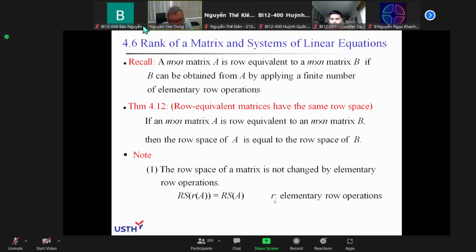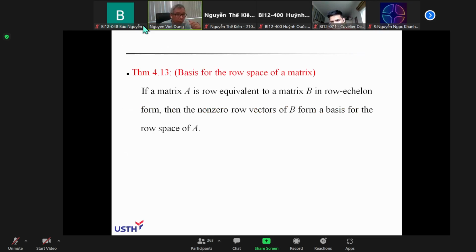It means if we apply a to A, the row space is unchanged. However, elementary row operations will change the column space. So that is something you need to remember. You need to be careful in doing your exercise.